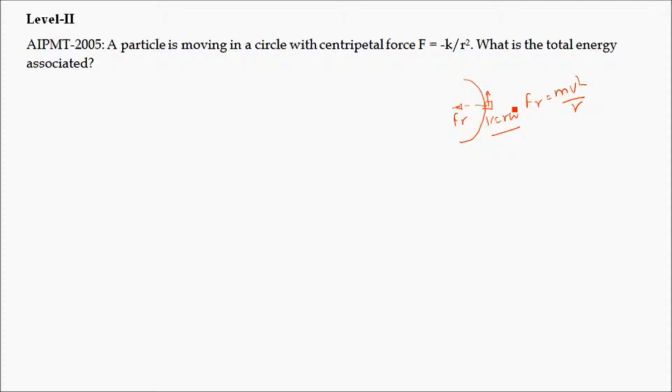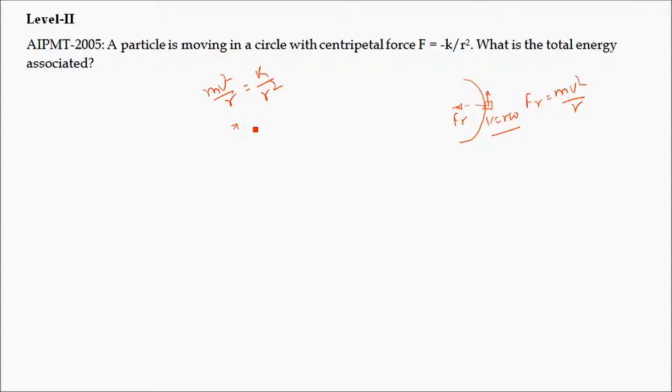It is given that the centripetal force is equal to minus k by r square. From that we get mv square by r, which is the centripetal force, equal to k by r square. Here we are taking only the magnitude of the centripetal force.